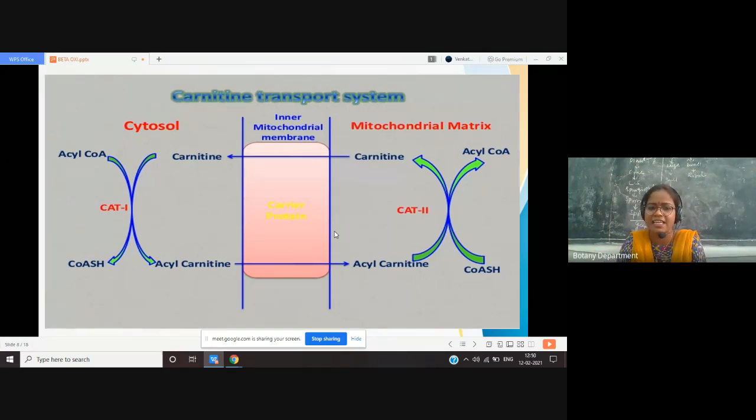It will carry the acyl carnitine into the mitochondrial matrix. Because it is carrying, that's why it is known as carrier protein. It is carrying our acyl carnitine into the mitochondrial matrix, where the actual beta oxidation proper will happen. Did you understand? Yes, ma'am.